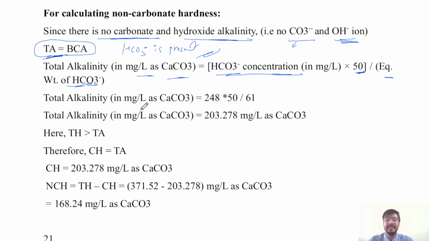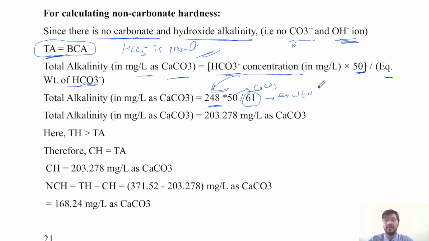The HCO3 concentration, given in the question, is 248, and the equivalent weight of CaCO3 is 50, divided by the equivalent weight of HCO3.